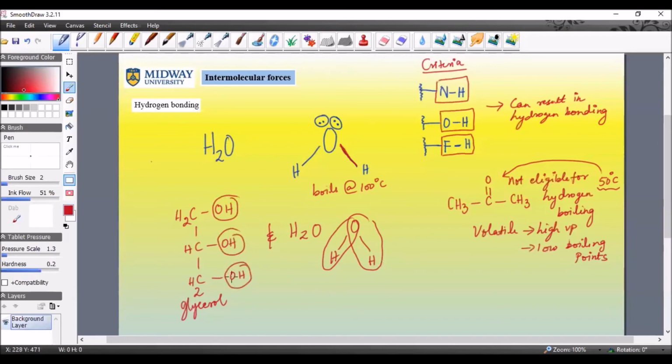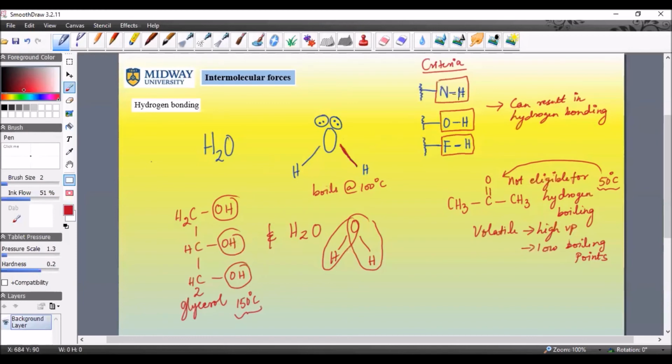So glycerol has more opportunities for hydrogen bonding than water, which means glycerol boils at a higher temperature than water. If water boils at 100, I'm just making this number up, glycerol could boil at 150 degrees Celsius. Why? Because of that extra hydrogen bonding.